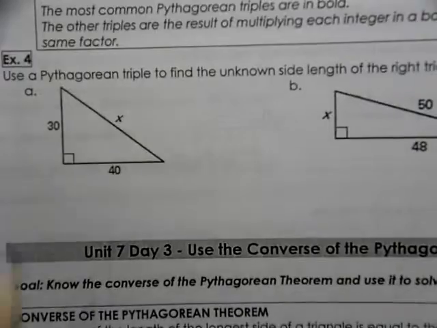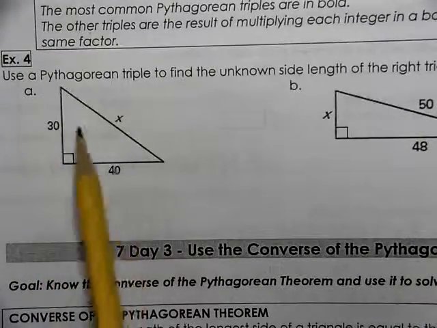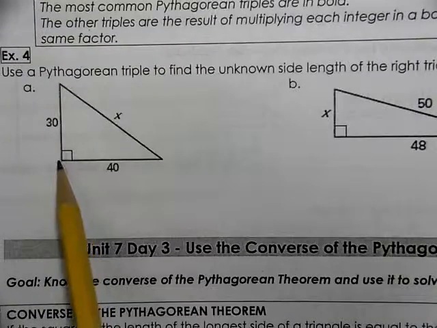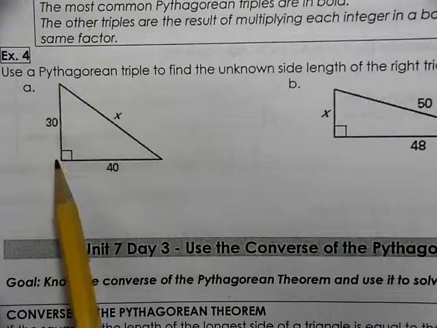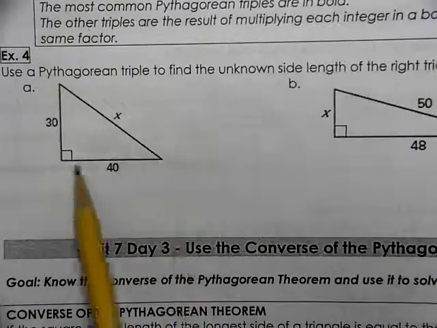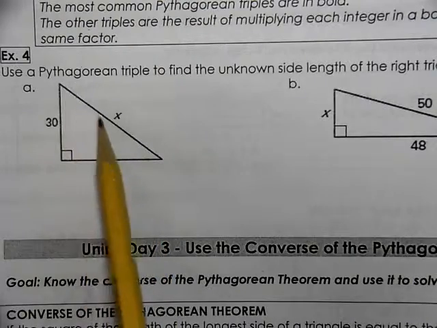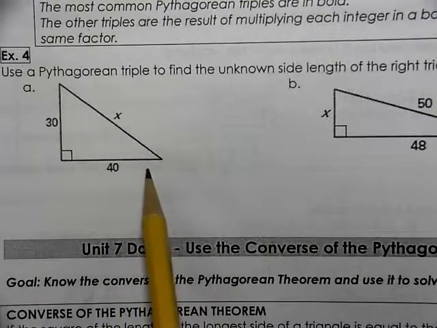we see that we have a 30, a 40, and we just don't know what that other side is. Well, if you would lay out a 30, maybe 30 inches or 30 centimeters, 30 feet, and 40 going the other direction, there's only one exact value that's going to match it here in the center.